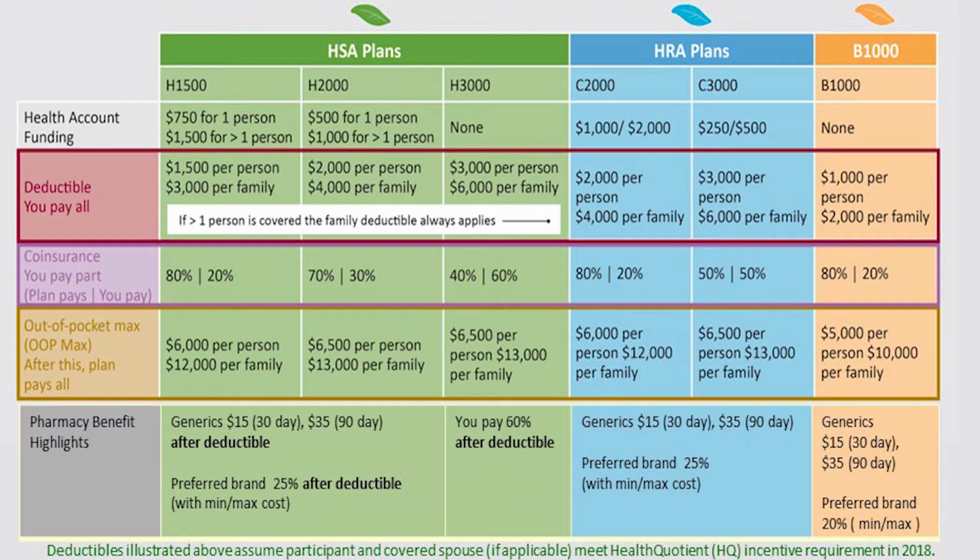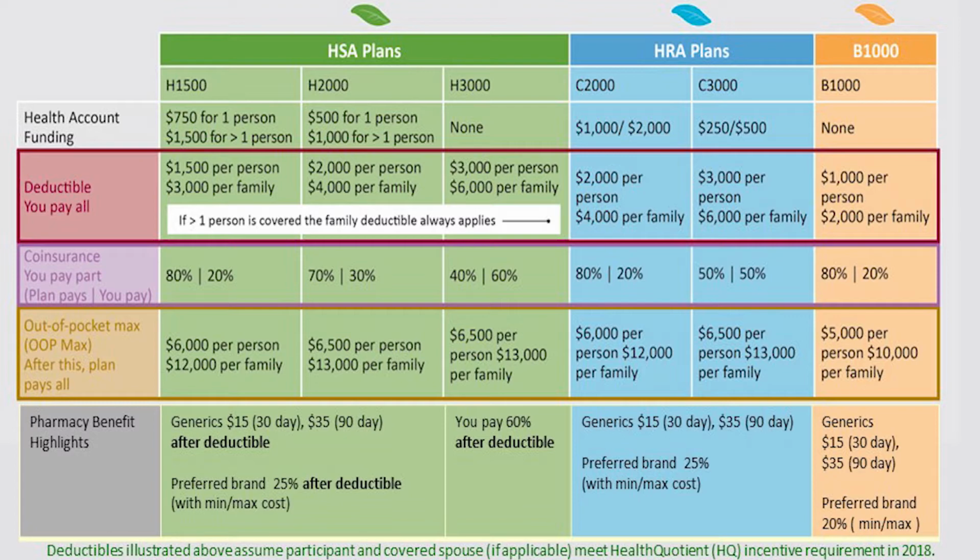For the B1000 and the HRA plans, for pharmacy, you pay a copayment. But if you should choose an HSA plan, you have to meet the deductible first before you pay a copay for pharmacy.